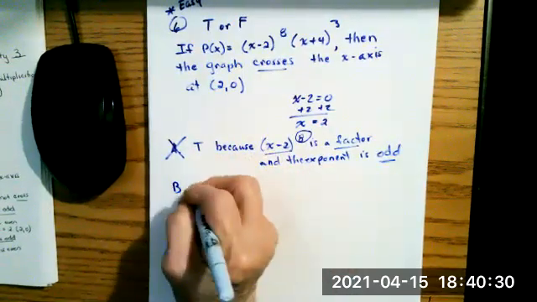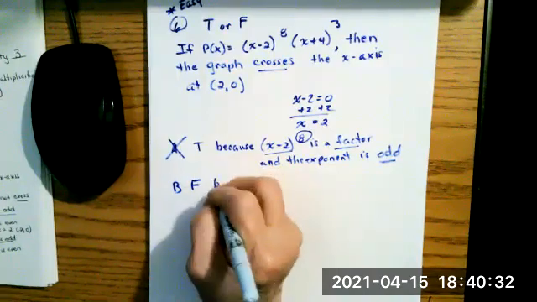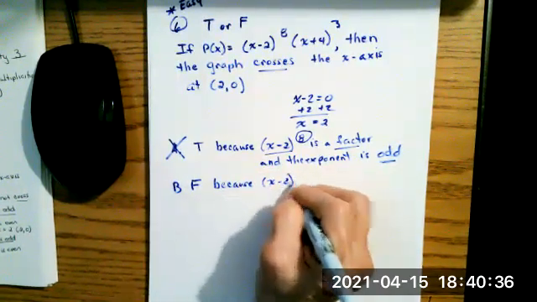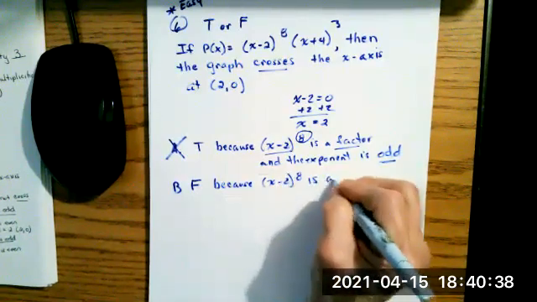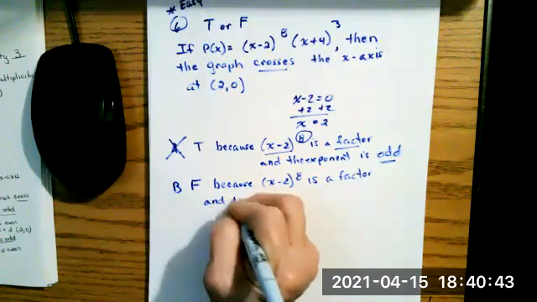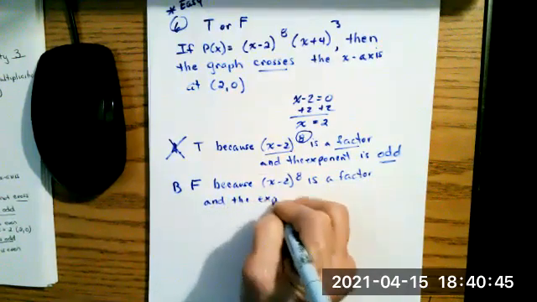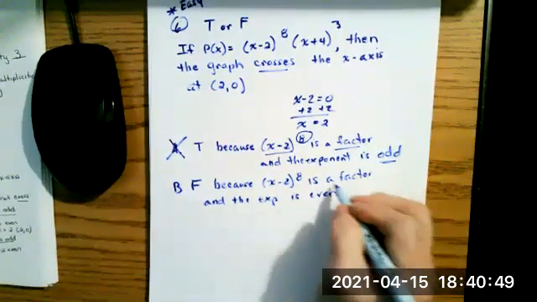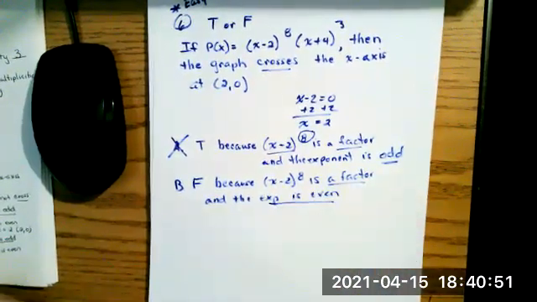Look at B. Is it false? Because X minus 2 to the 8th is a factor, and the exponent is even. Well, it is a factor, and the exponent is even.